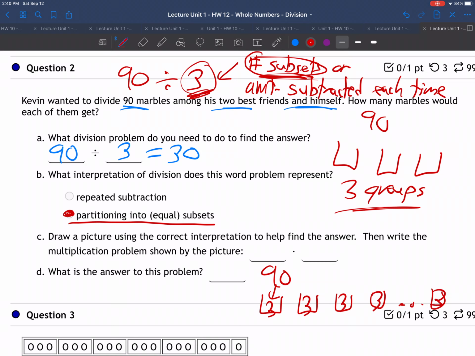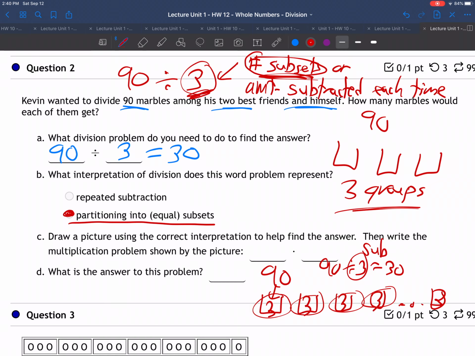How many friends can you give 3 marbles to? That would still be 90 divided by 3 is 30, same question and answer, but it would mainly be emphasizing repeated subtraction. We would be subtracting 3 marbles out of the 90 total every time. 3 marbles for this friend, 3 for him, 3 for him, 3 for him, right on down the line.